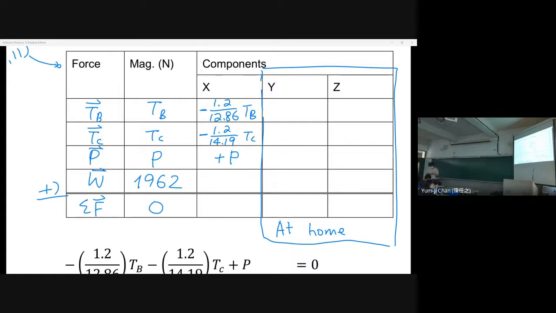And for W, because this is in the minus y direction, we have 0 in x. Actually, minus W is here. And because of equilibrium, we have 0 here. Is that okay? So I find the logic. These come from cosine theta x.